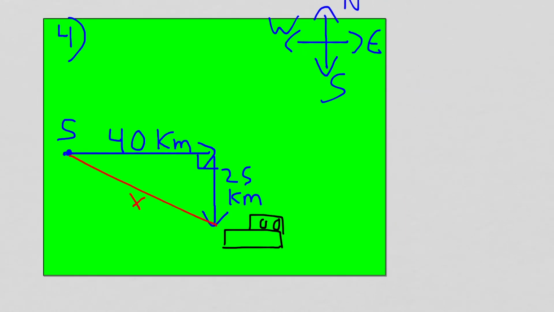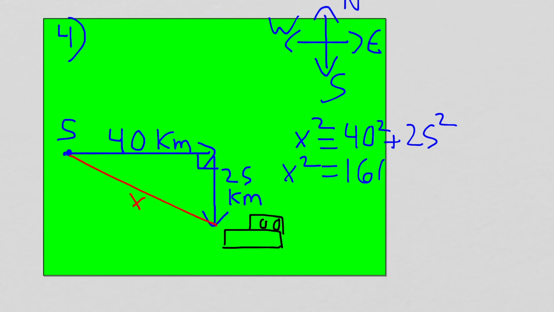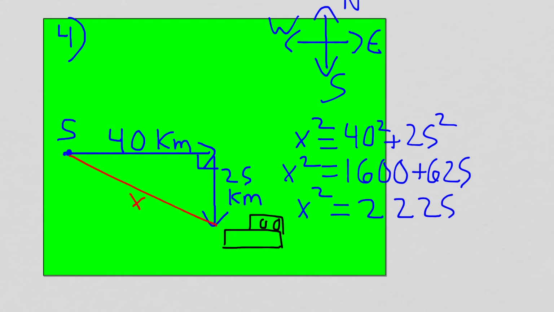Let's do that over here. So the Pythagorean theorem would say x squared equals 40 squared plus 25 squared. Start squaring those numbers. X squared equals 1,600 plus 625. Add those up. X squared equals 2,225.